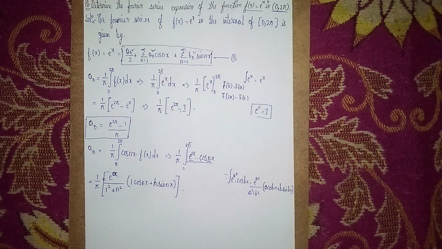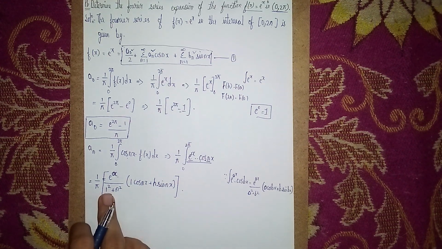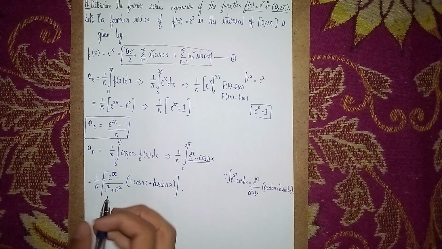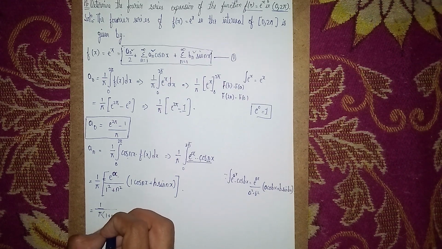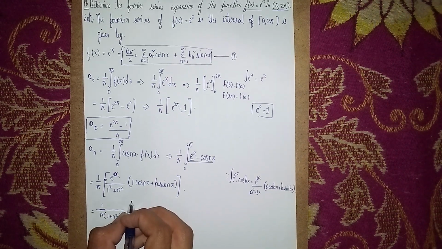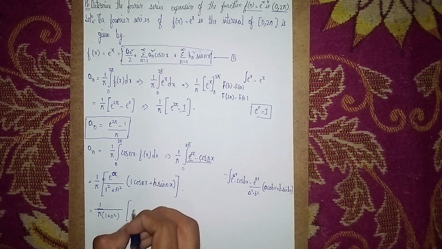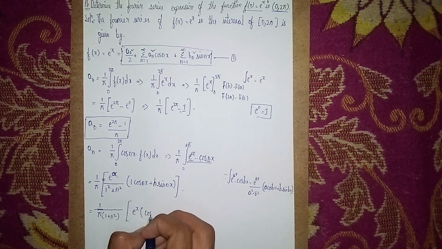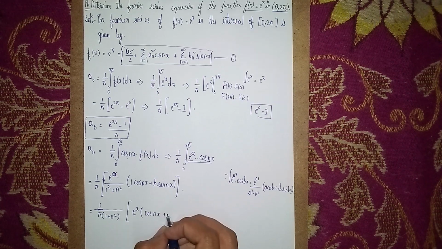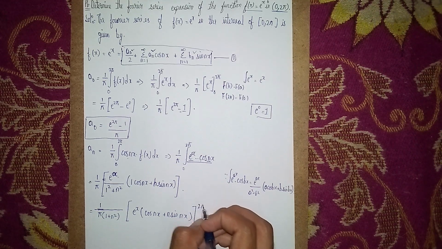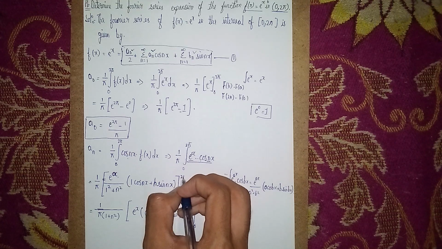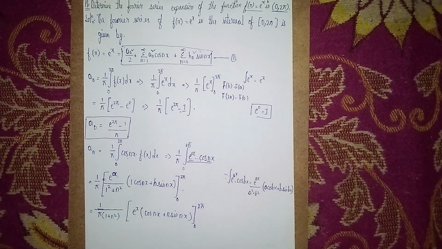Take 1 plus n square: 1 by pi times 1 plus n square, under square bracket e power x into cos nx plus n sin nx, from 0 to 2 pi. Then now you have to apply the limits here.